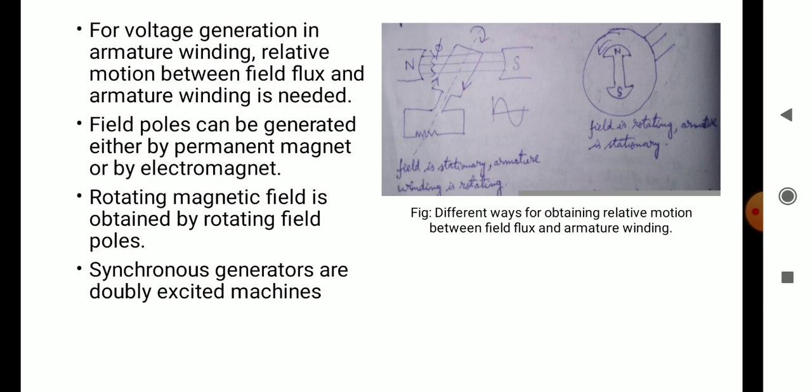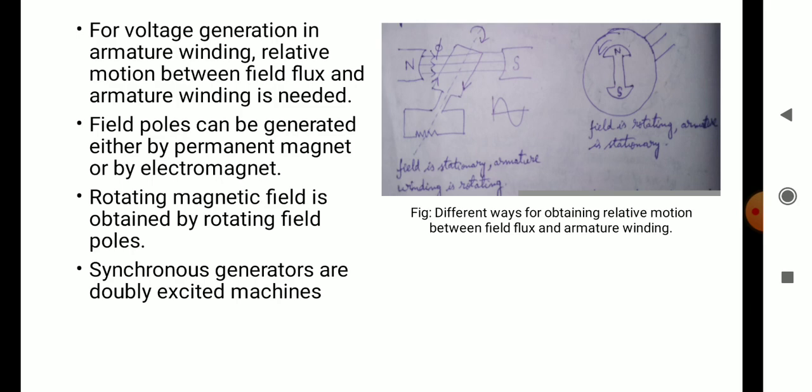Now the rotating magnetic field in an alternator is obtained by rotating the field poles by a prime mover. A prime mover can be a hydro or steam turbine, and these field poles are obtained by exciting the field winding with the help of a DC supply, which resembles an electromagnet.